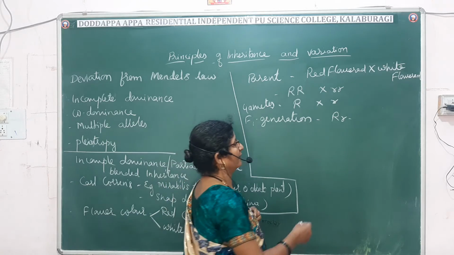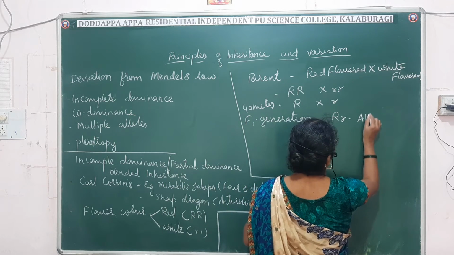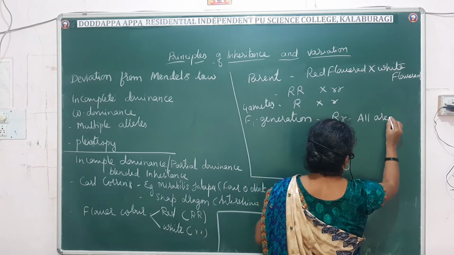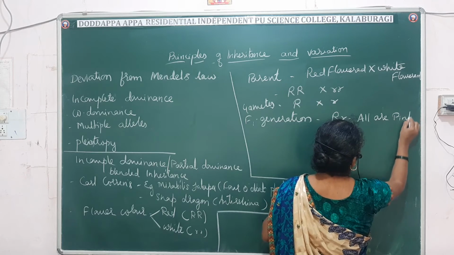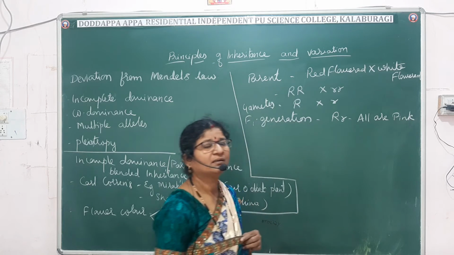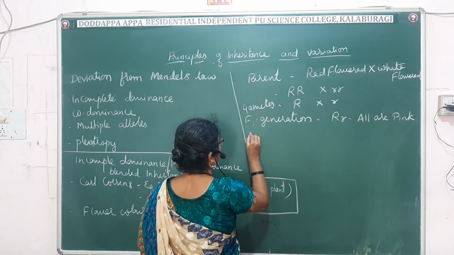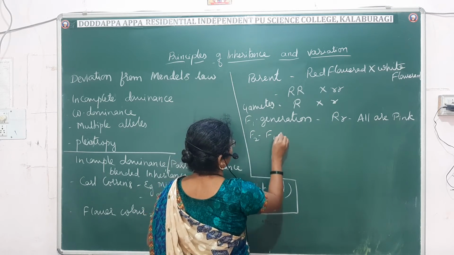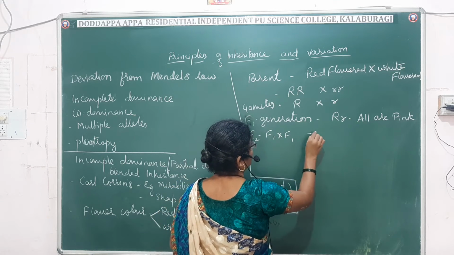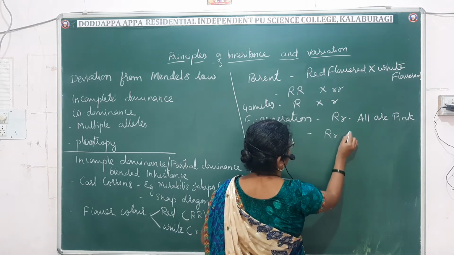They were pink in color. All plants were giving pink flowers. And now for the F2 generation, what did he do next? He crossed F1 among themselves.